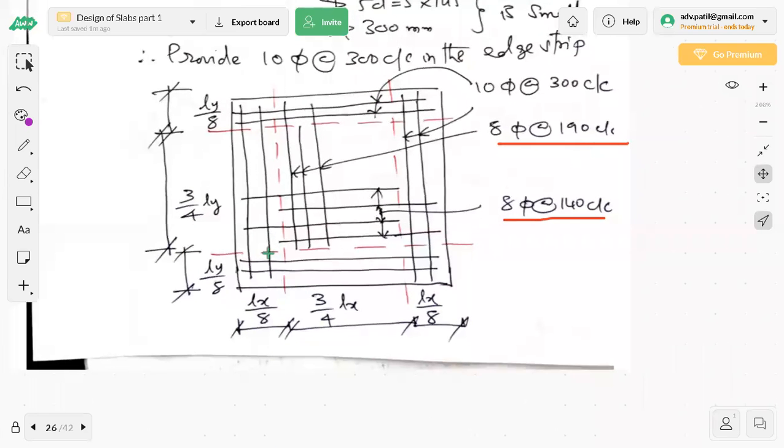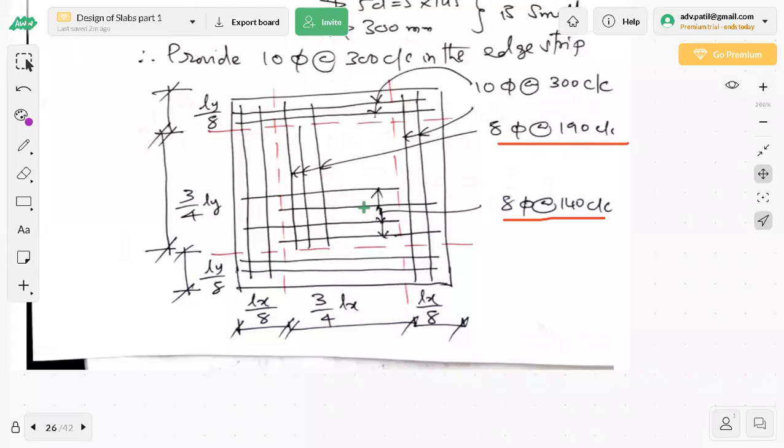Now, what I have done here is, you can see the horizontal main bars along X direction. One bar enters this side, left edge strip. You see how it is continued here. It stops at the middle strip, the other end. Next bar, it goes to the edge strip of the other end.